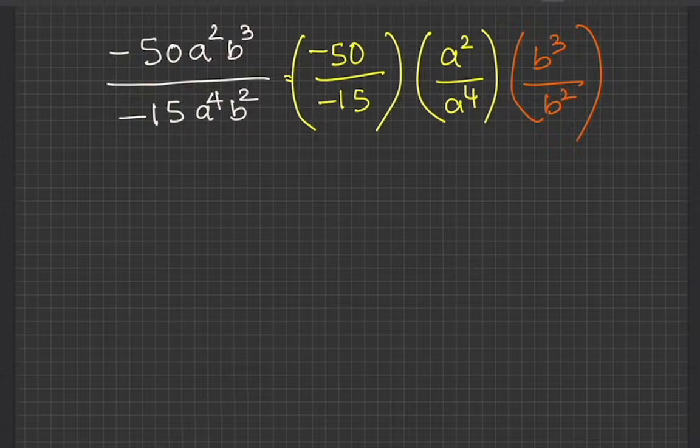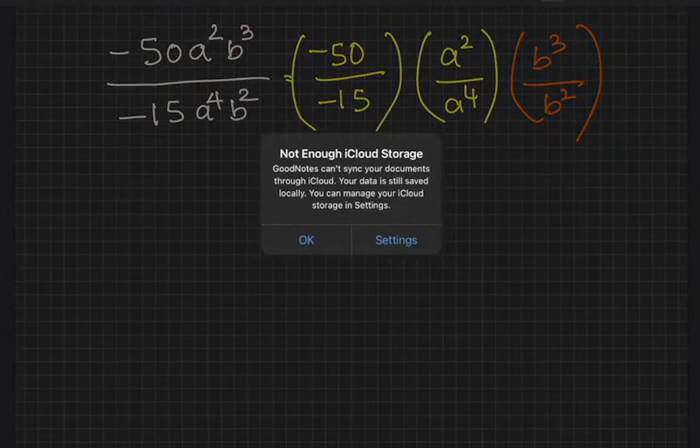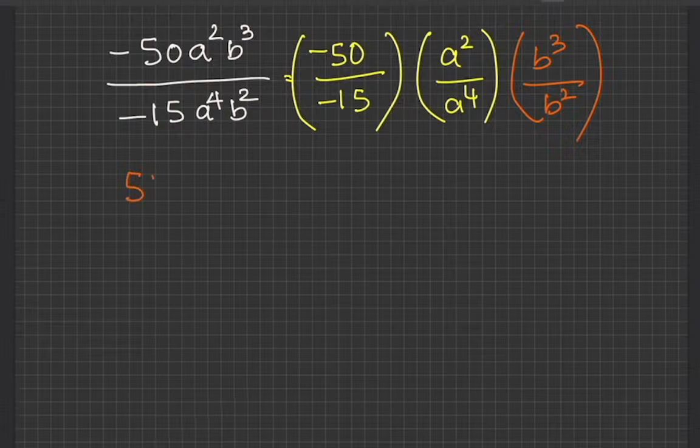Okay, negative 50. Pretend that there is no negative sign. So 50 divided by 15, right? Both can be divided by 5, so 5 is the HCF.